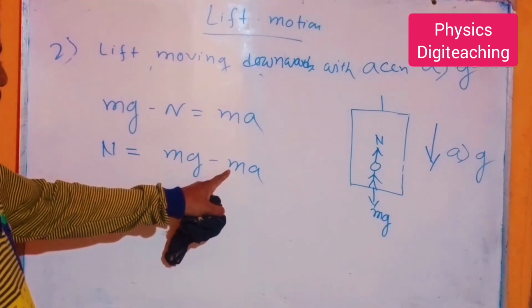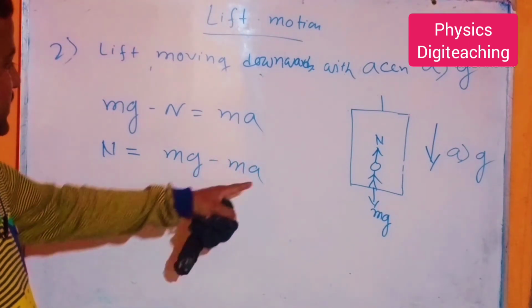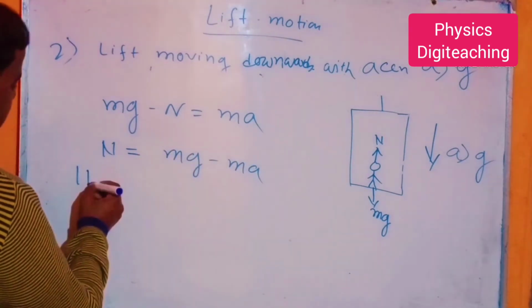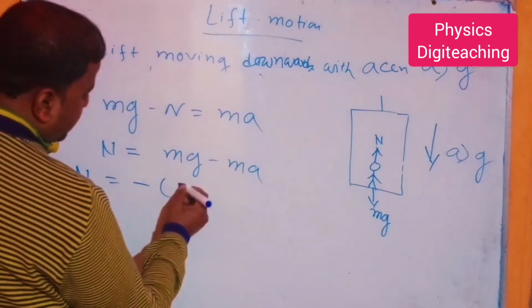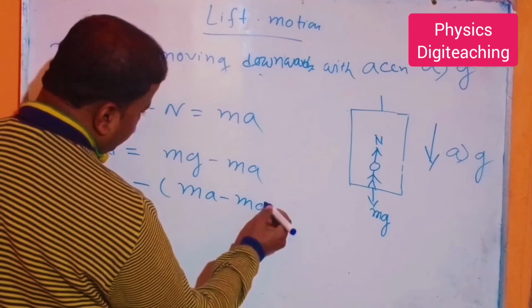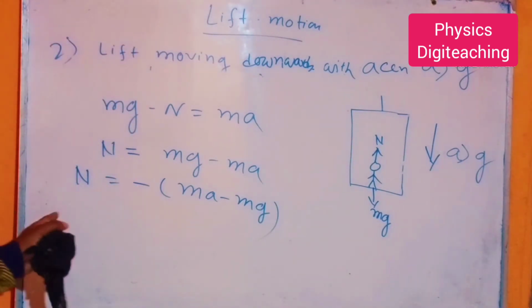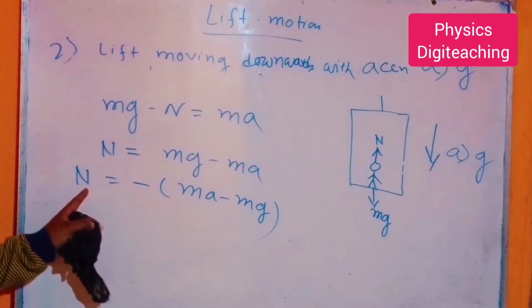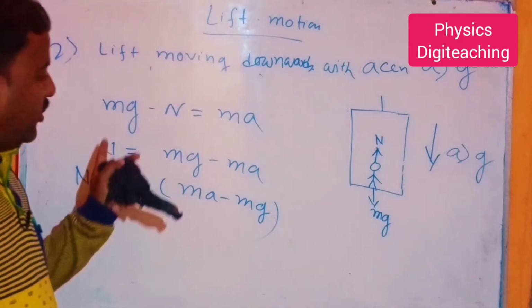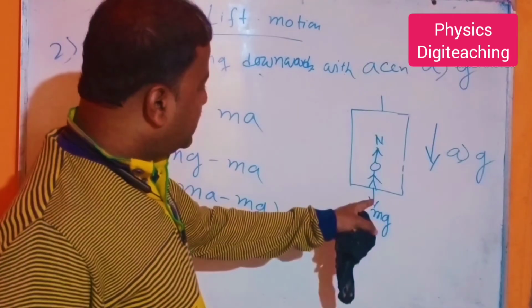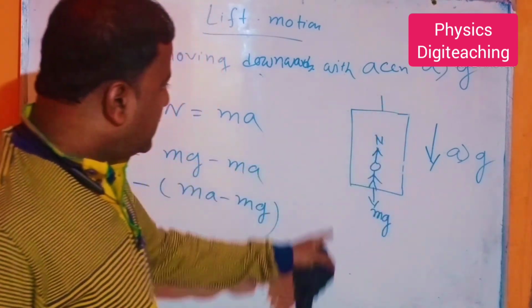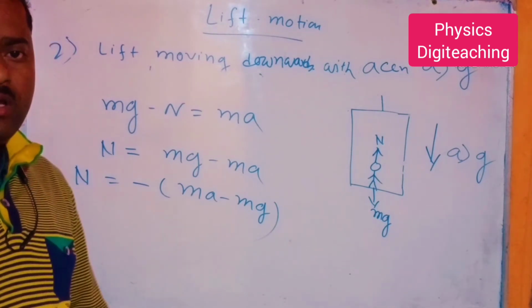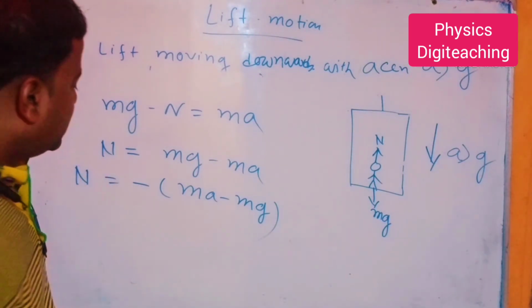Since a is greater than g, this gives a negative result. We can write N equals minus (ma minus mg). Now we see that N is negative, that is, the direction of the normal reaction is opposite to what we considered. Here we considered N to be upward, but according to the mathematical calculation the direction of N will be inverted. When will this happen?